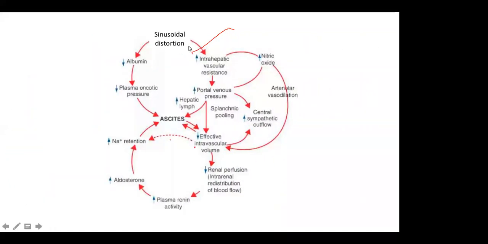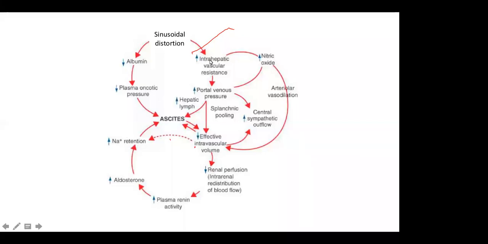So, in a case of, for example, sinusoidal distortion due to cirrhosis or anything else, there are two pathways: either the reduced albumin, as I mentioned, results in reduced plasma oncotic pressure and directly can cause ascites, or there is increased intrahepatic vascular resistance due to sinusoidal distortion, and this will result in increased portal venous pressure, which results in reduced effective intravascular volume and again activation of the renin system, and this will result in activation of aldosterone and more sodium and water retention and more ascites.